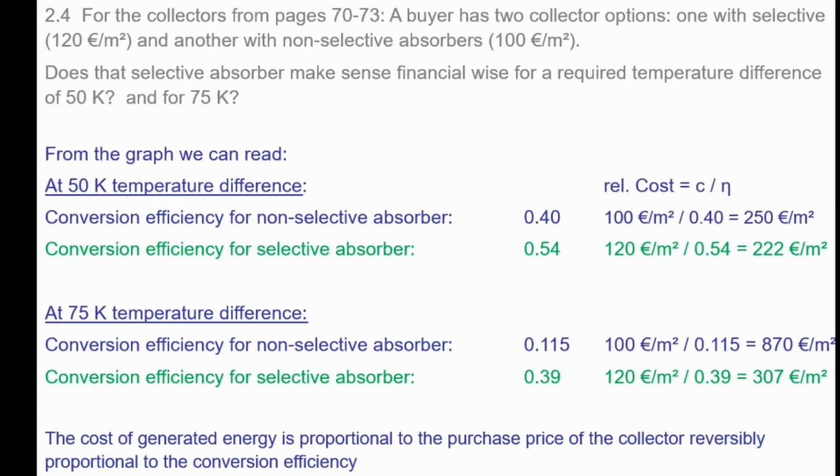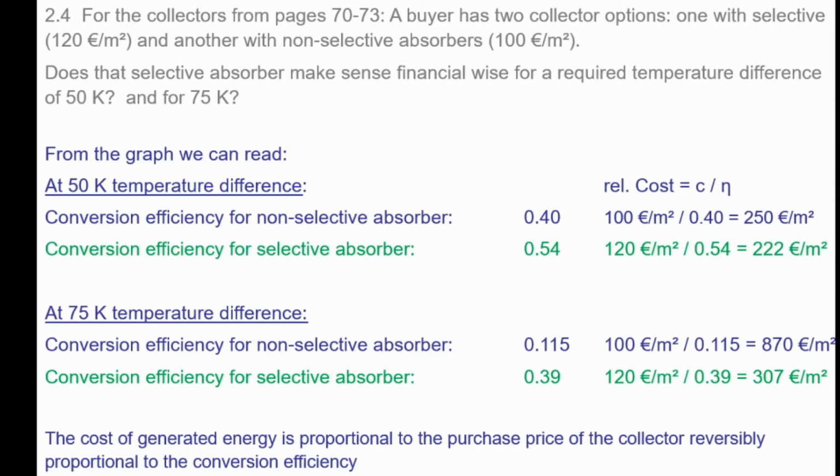From the graph, we can read the relative cost, which is the cost per square meter divided by the conversion efficiency. We have about 250 euro for an ideal collector that would convert everything into thermal energy, while for the selective absorber the area required is less, and also the costs are less, 222 euro per square meter.